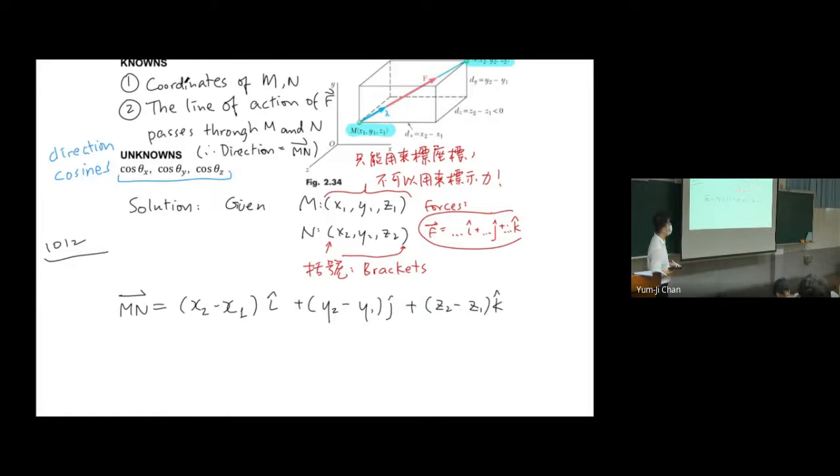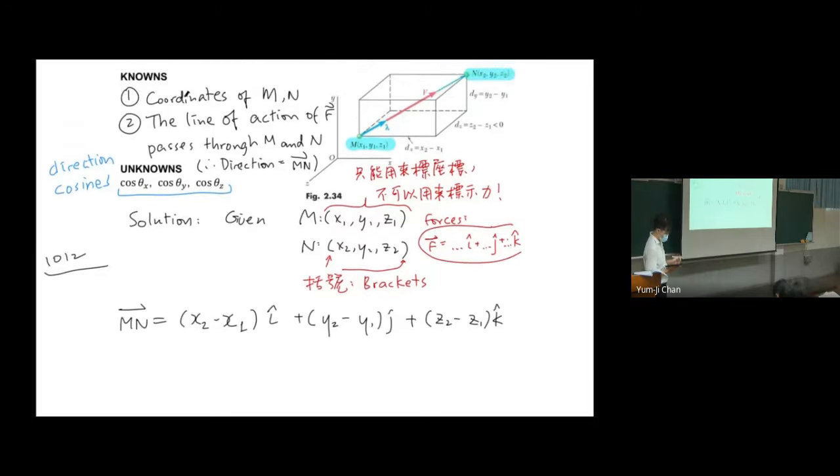Is that okay? Because we know the coordinates of M and N, the vector between M and N is this one.